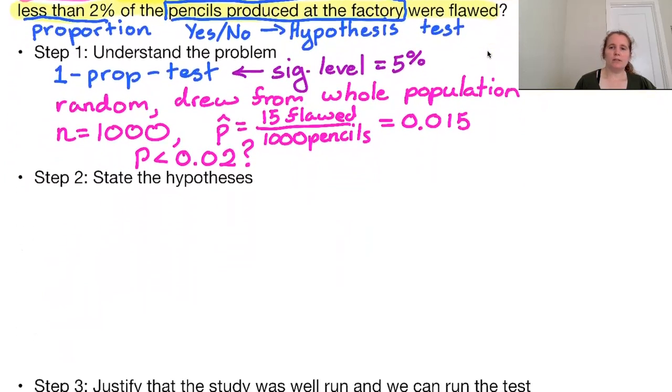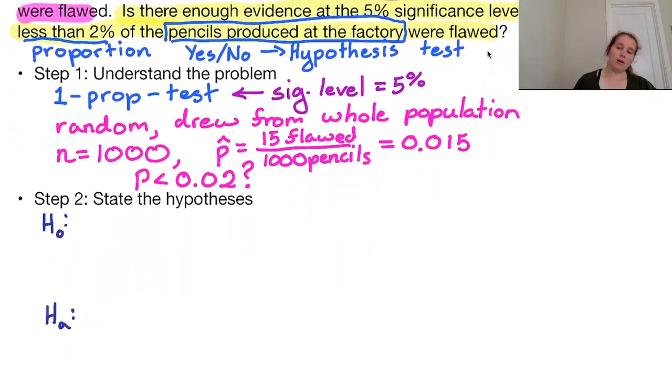So from here, we need to state our hypotheses. So we have our null hypothesis and our alternative hypothesis. We have a hunch that less than 2% of the pencils are flawed.